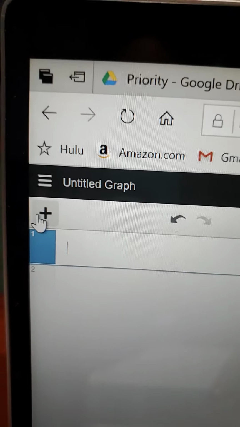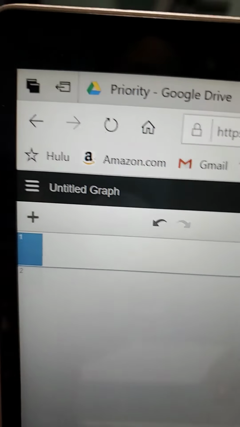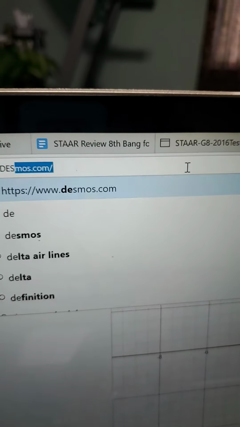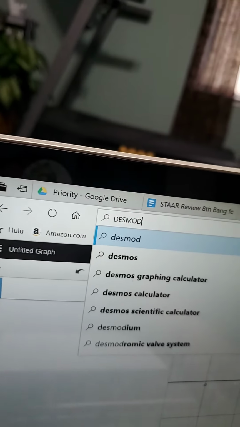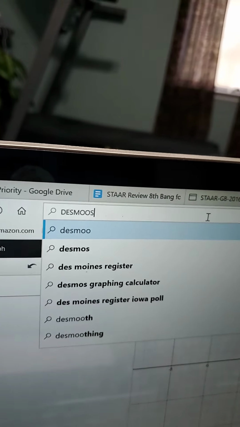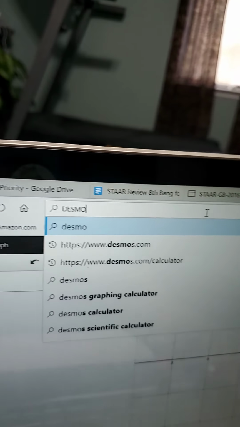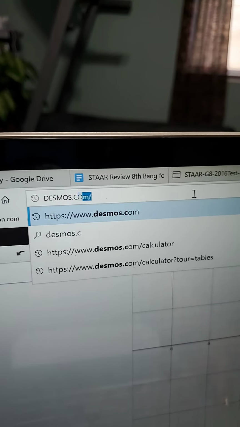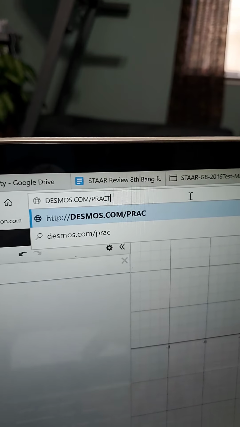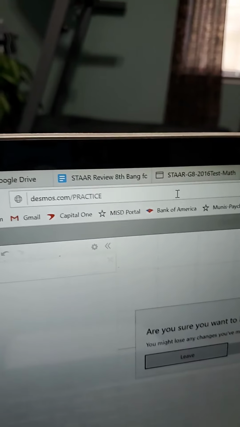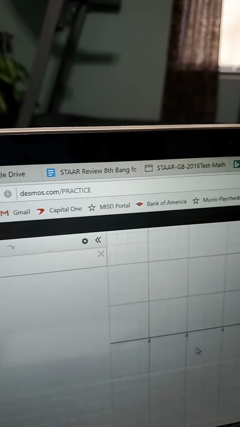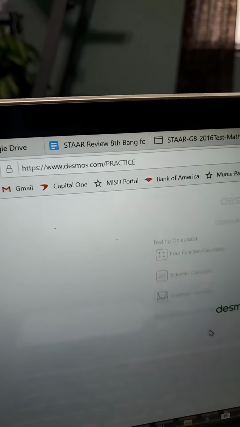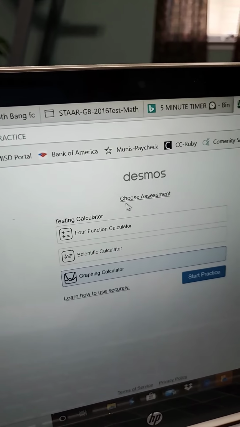All right, here we go. Actually, I'm going to go to Desmos practice mode, because I know that I have to be in test mode in order for me to get the correct results.